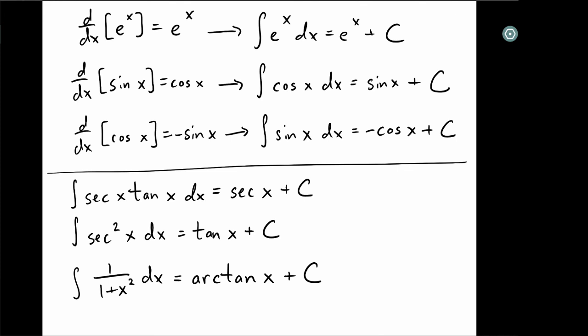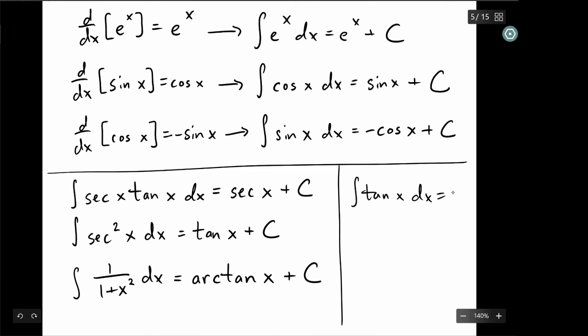I bet your question here is, well, what about the integral of tangent of x, for example? We don't know a function whose derivative is tangent x, or at least we haven't talked about one. So we really need to figure out what it could be. We need some additional tools to do this, and that will be a topic for the future.